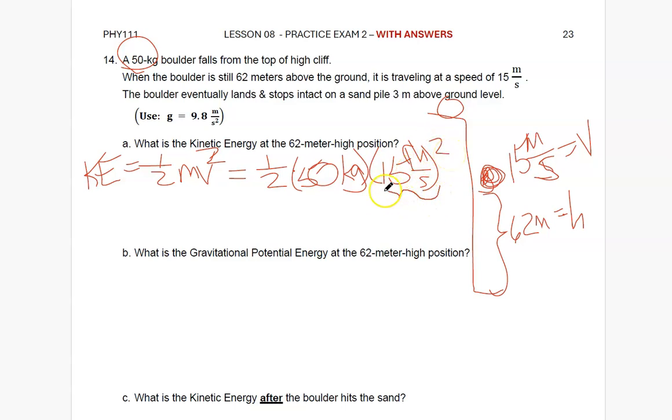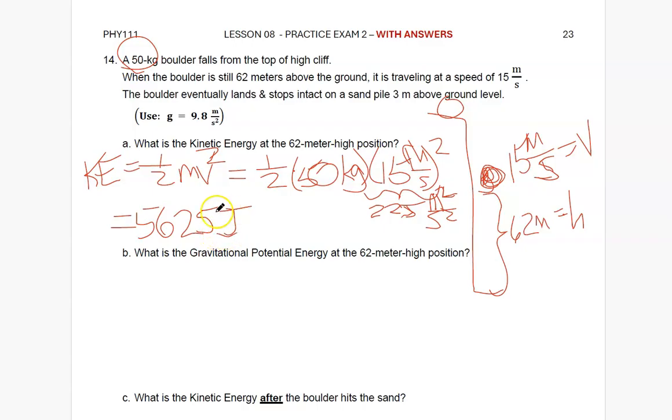If you want to square that in advance, that would be 225, and since we're squaring both the number and the units, it's 225 meters squared per second squared, and then you multiply that times 50 and times 1/2, and your final value is 5,625 kilogram meters squared per second squared, but that's just joules.